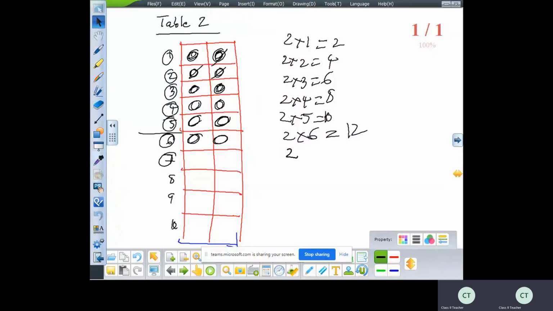2 sevens are. 1, 2, 3, 4, 5, 6, 7, 8, 9, 10, 11, 12, 13, 14. 2 sevens are 14. Next, 2 eights are.